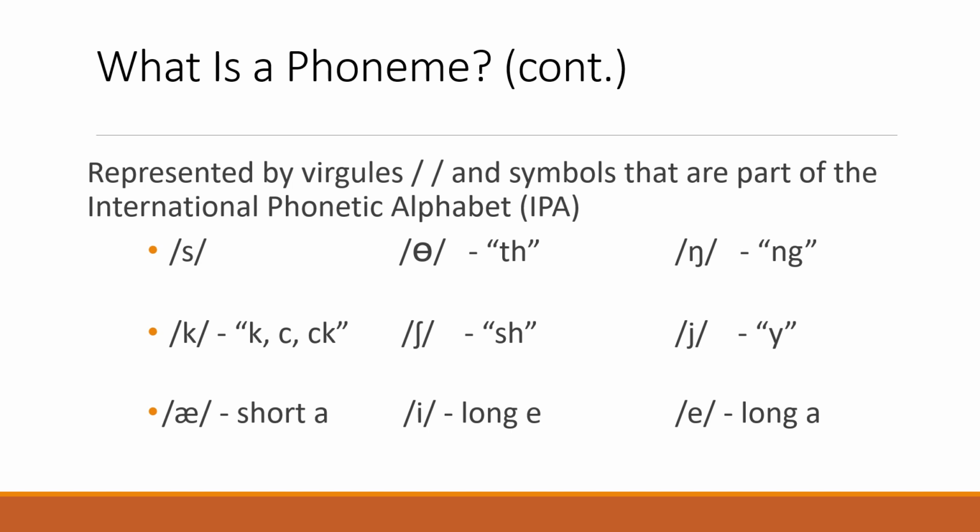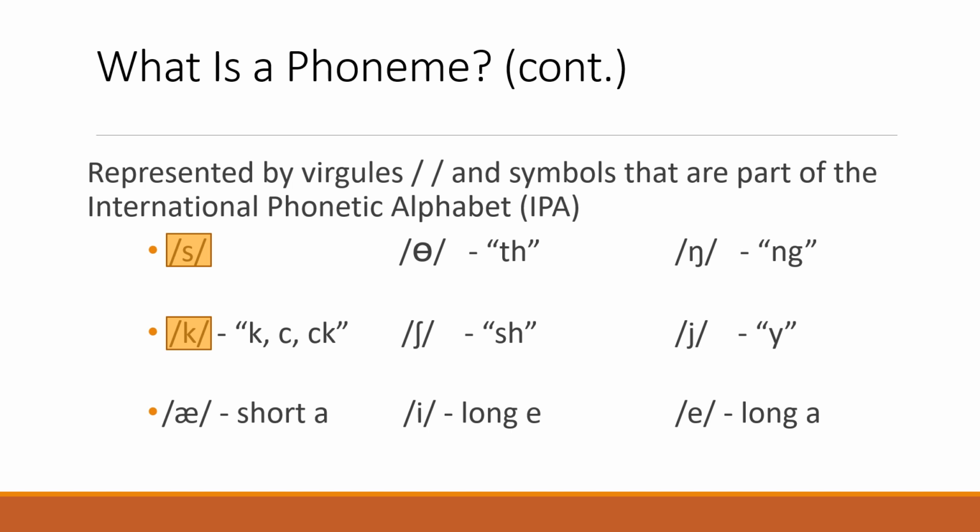Phonemes are represented by virgules, or 2 slash marks, along with symbols that are part of the International Phonetic Alphabet. The IPA symbol may be the same as the letter, as is the case with the phoneme for S, or it may represent several letters. For example, K in virgules represents the sound of the letters K, C, and CK.